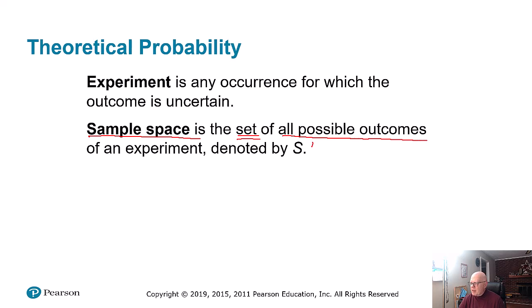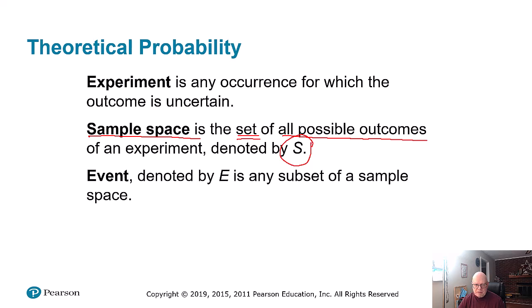And the sample space is usually referred to with a capital S. An event is a subset of a sample space. So the set containing some event is a subset of the sample space. We'll get to some examples.